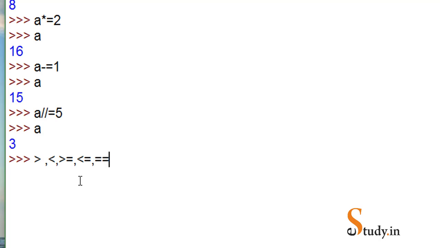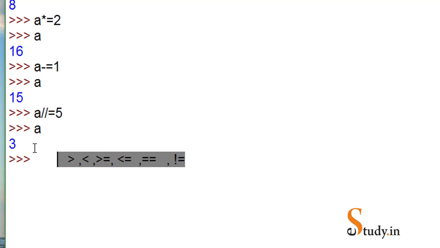Then we have double equality, which I'll explain, and this checks whether the values are equal or not. And then this is the symbol for not equal to. So these are the comparison operators that we have.